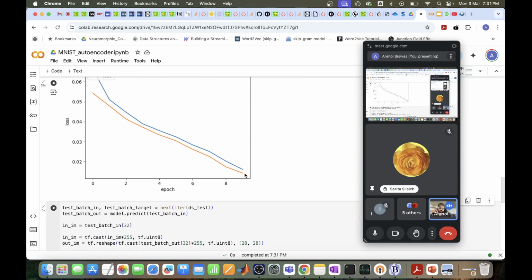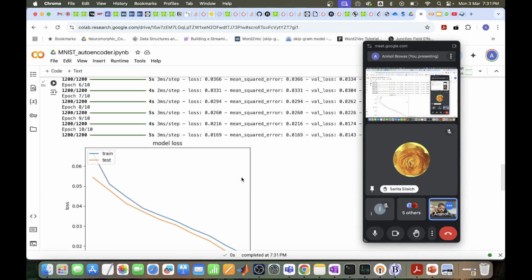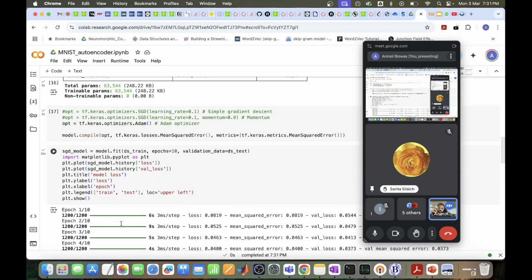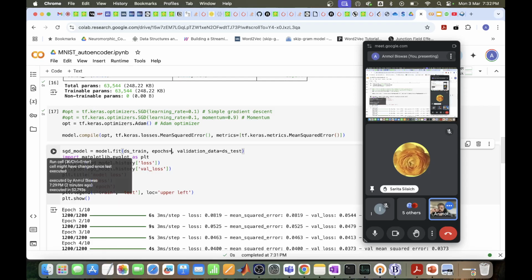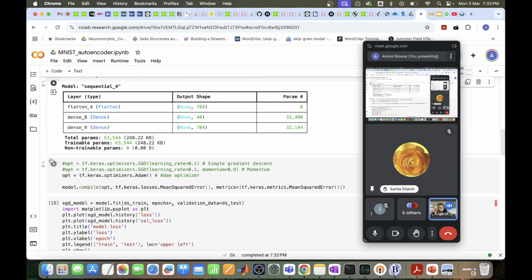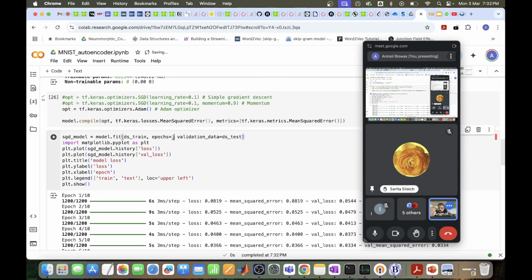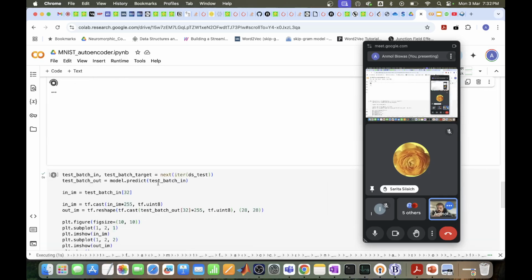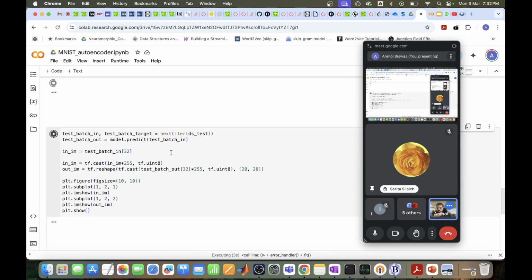In fact, the loss seems to be going down steeply, which means that we can even train it for a few more epochs. Let's say we can train for 15 epochs, and hopefully it will improve even further. Train for 15 epochs, then you can see it.